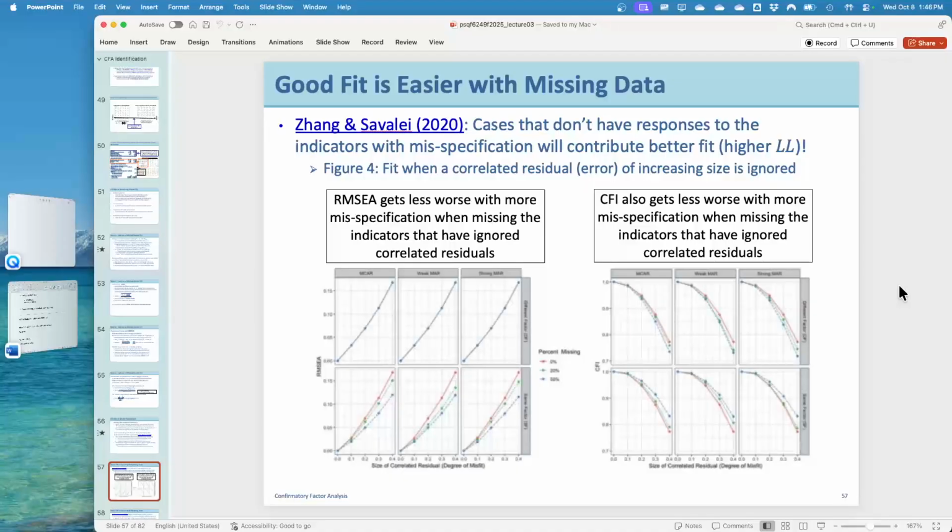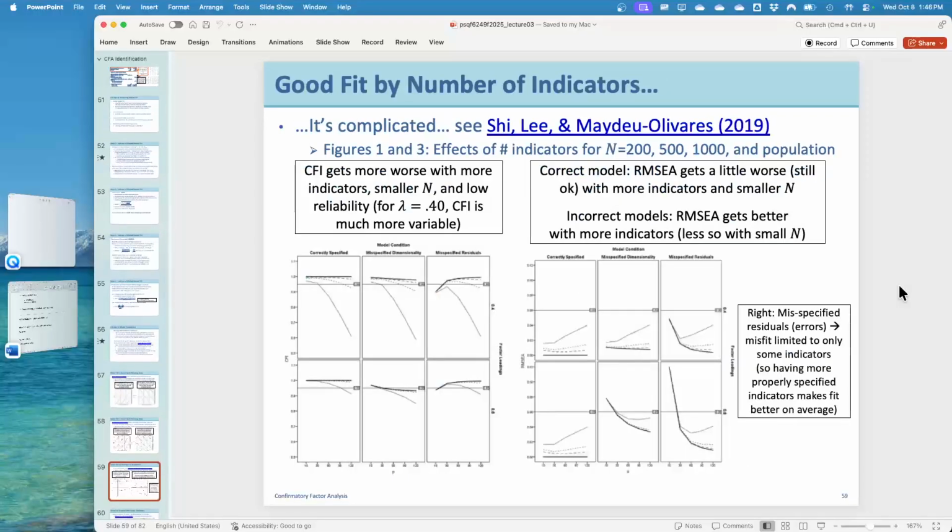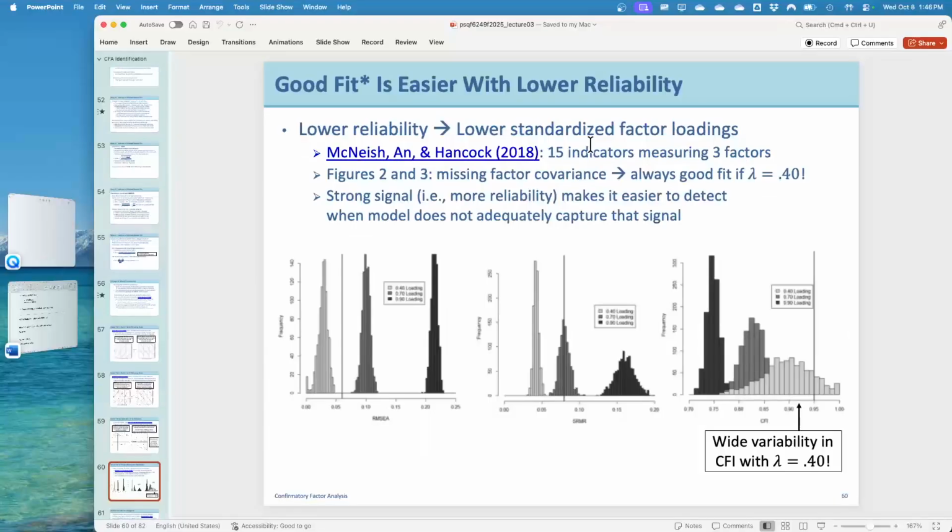A good fit is easier with missing data. Go figure. A good fit is more complicated depending on the number of observed variables you have, or indicators, right? And good fit is easier with lower reliability of your factor. Here's the funny thing about fit to me, right?